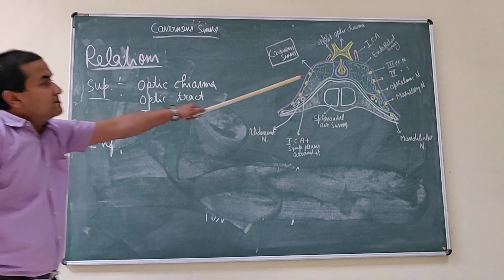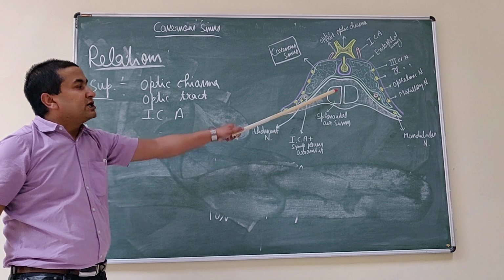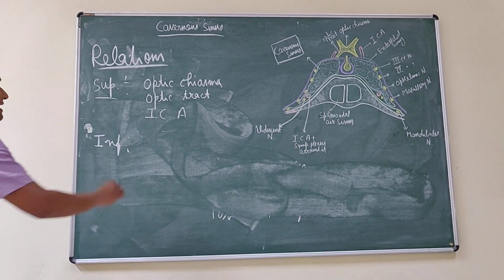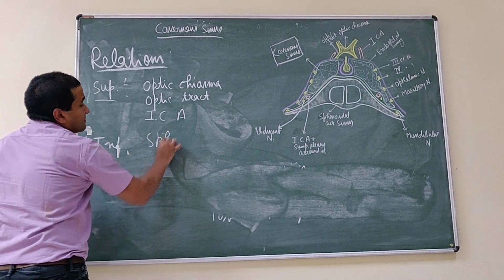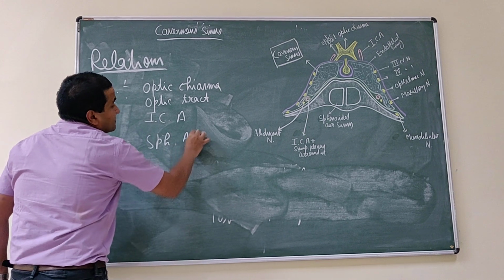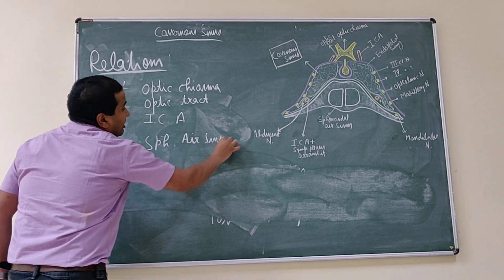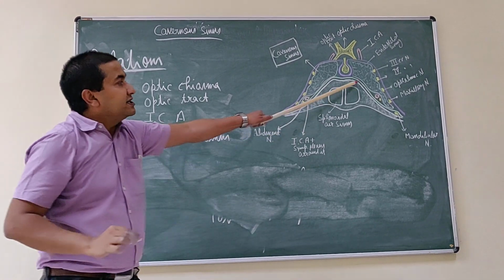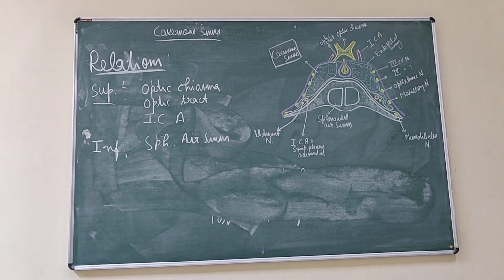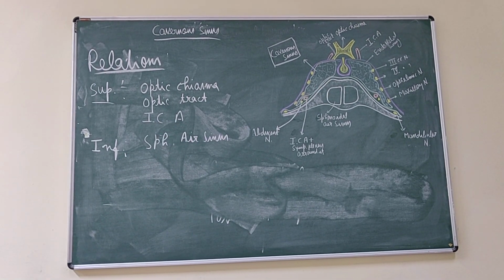You see in this diagram, inferiorly it is related with the sphenoidal air sinus. This sphenoidal air sinus is present in the body of the sphenoidal bone.